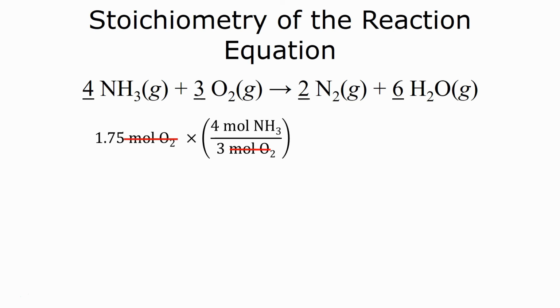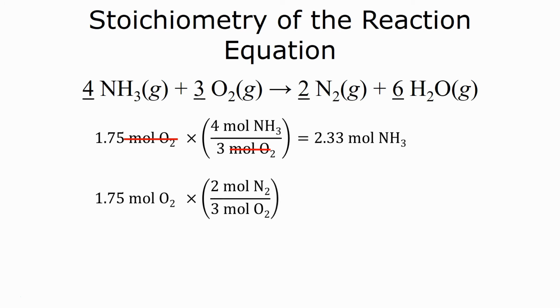Check our dimensional analysis. Moles of oxygen cancels, leaving us with just moles of ammonia. And we get a value of 2.33 moles of ammonia. Same thing for nitrogen and water. 1.75 moles of oxygen, multiply that times the stoichiometric ratios directly from the reaction equation.